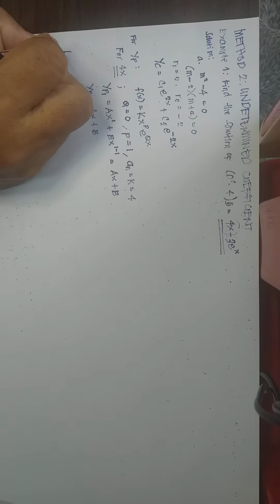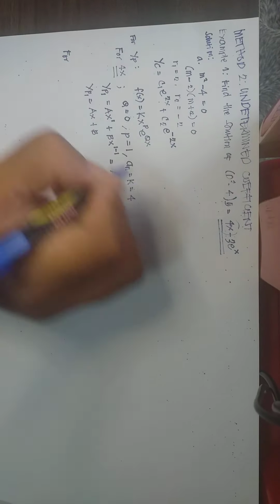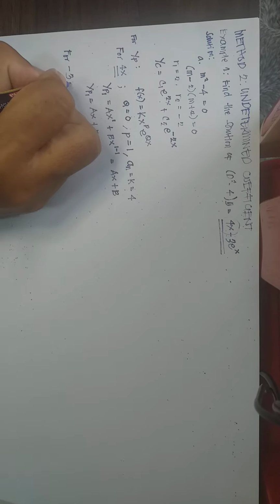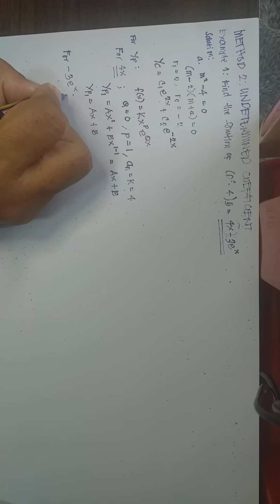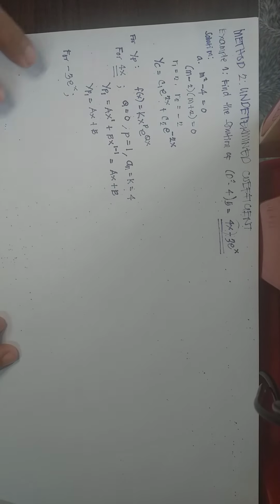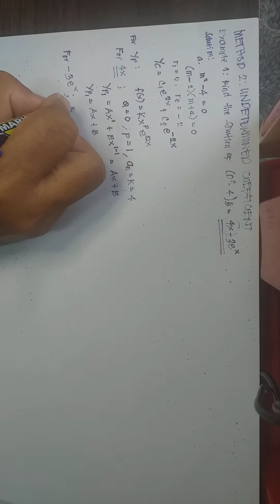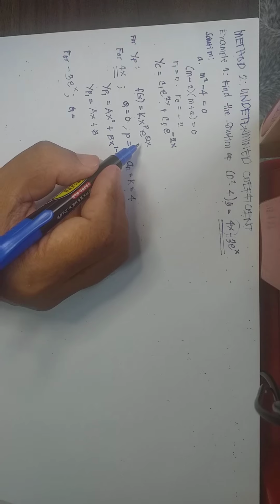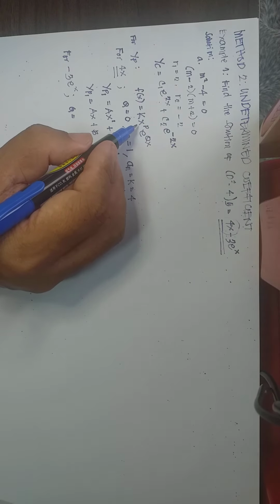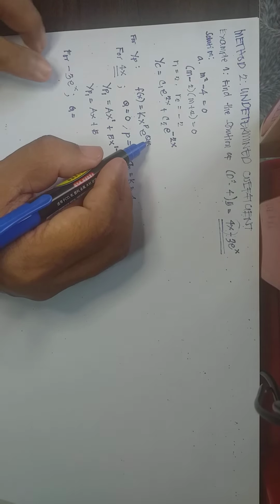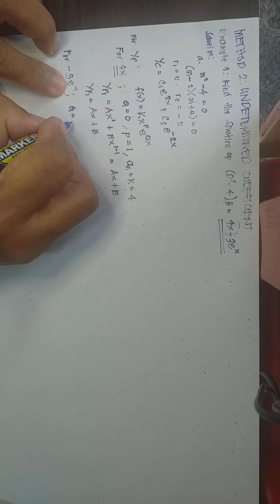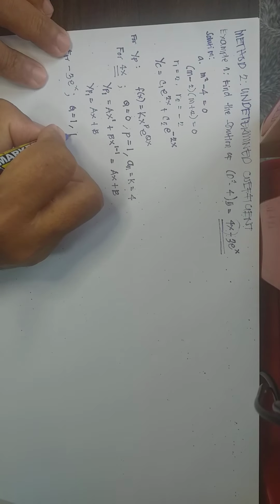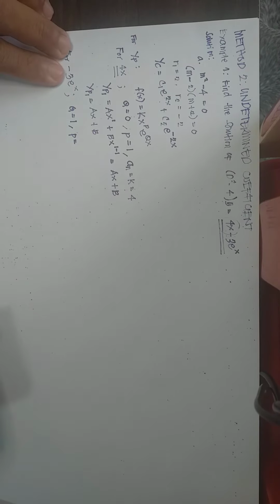Now, for the second term, negative 3e to the x. For negative 3e to the x, what is the value of your q? Okay, again, rule number 1, kx raised to p e to the x. Therefore, your q is 1. How about the value of your p? May x ba tayo rito? Wala.